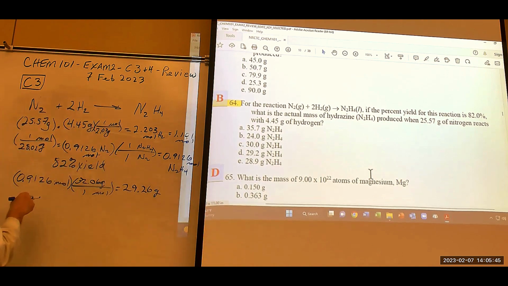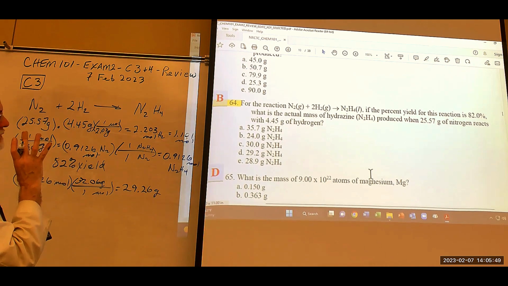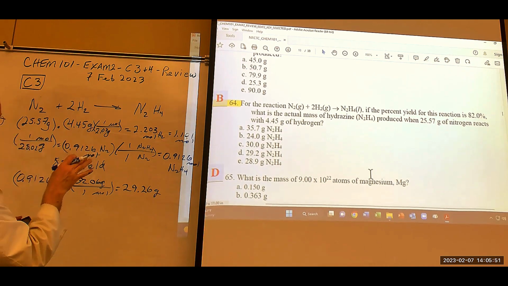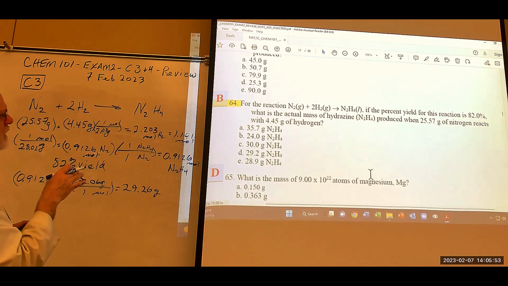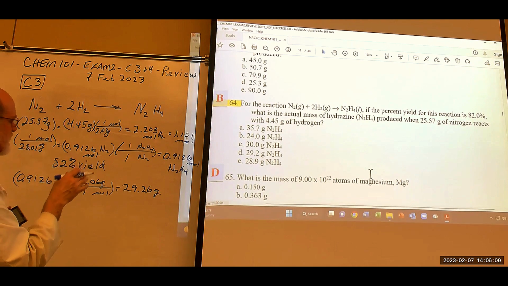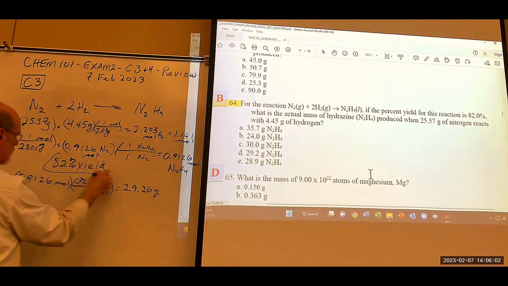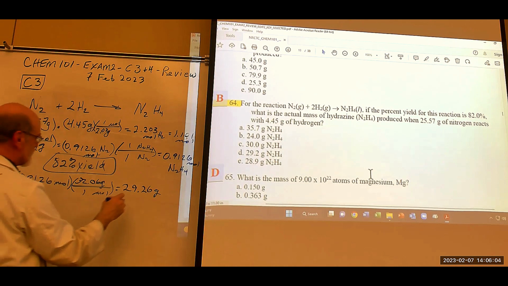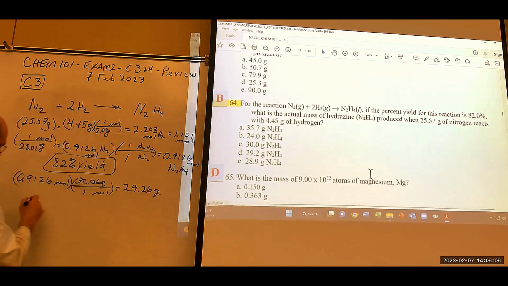And that's theoretical. Actual is 25.57. Oh, wait a minute. The percent yield is 82%. There it is. So this one has to be multiplied by 0.82.